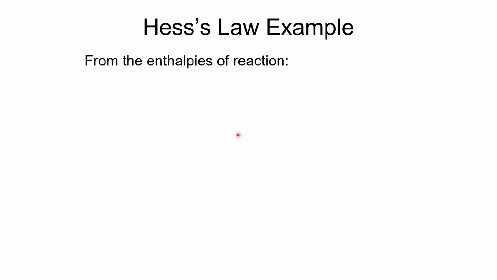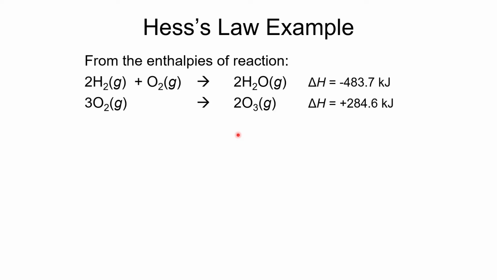Here we've got the enthalpies of a couple of reactions. So here we've got 2H2, so 2 moles of hydrogen plus 1 mole of oxygen gives us 2 moles of water vapor. You'll see the value is negative 483.7. We saw that a little earlier. This one, we've got 3 moles of oxygen gets converted into 2 moles of ozone, and we've got a value there of positive 284.6 kilojoules.